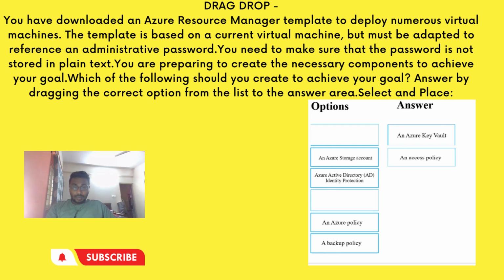First you have to have an Azure Key Vault, and you have an access policy. These two are important to make sure that your password is not stored in plain text. You have to store it in an Azure Key Vault with an access policy.